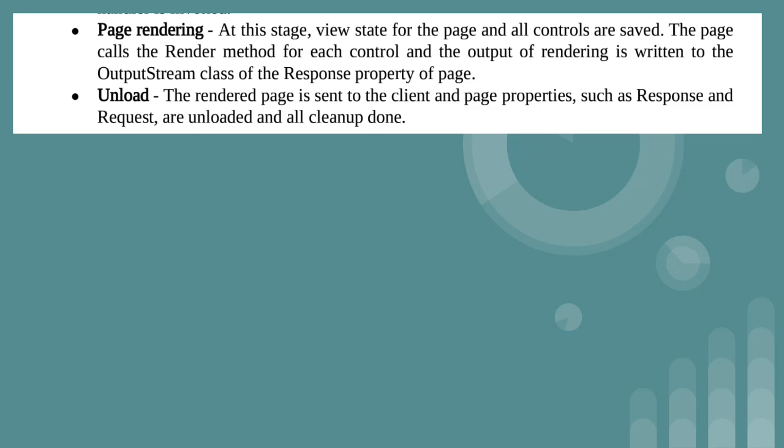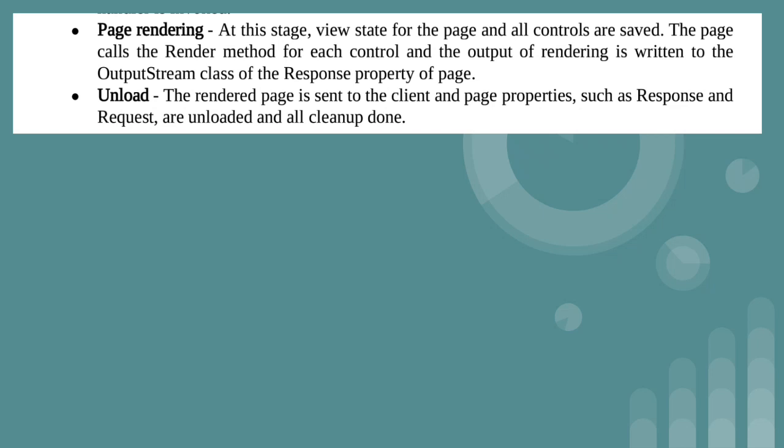So in page rendering, view state for the page and all controls is saved. The page calls the Render method for each control, and the output of rendering is written to the OutputStream class of the Response property of the page. As I told you previously, rendering means whatever request we made, we got the reply for the same.